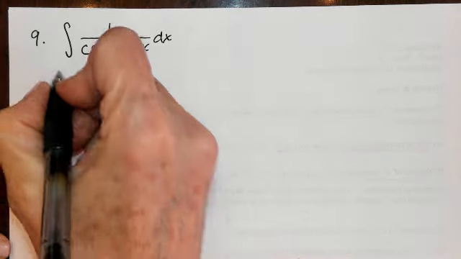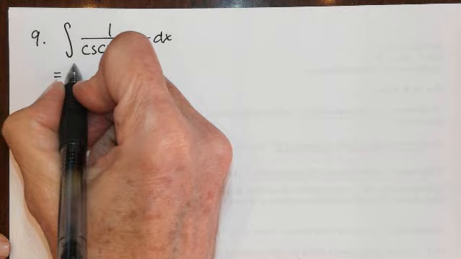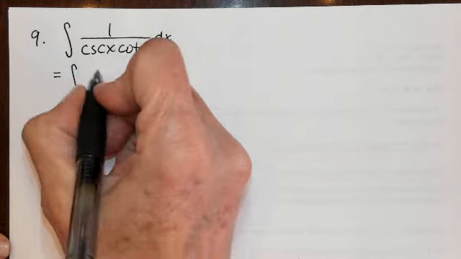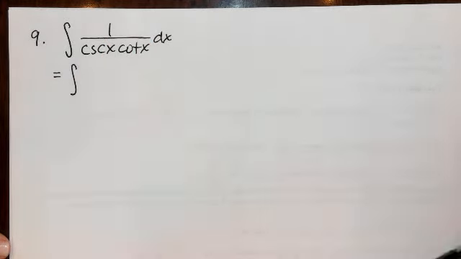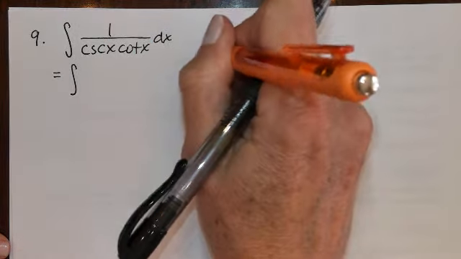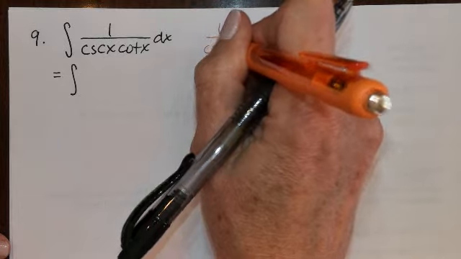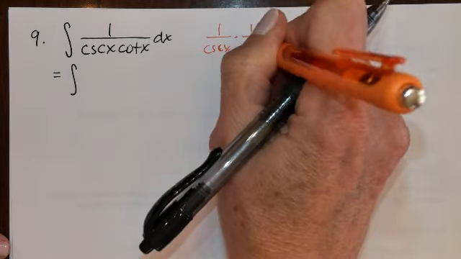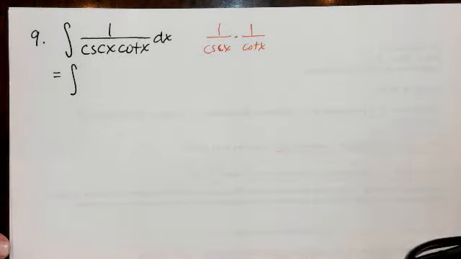I'm not sure what to do here. So when I just don't know what to do, I will change it to sines and cosines and go from there. So that's what I would do here. If I change this to sines and cosines, first of all, this does mean 1 over cosecant x times 1 over cotangent x, right? That's what that means.